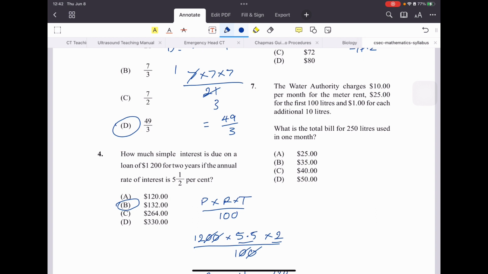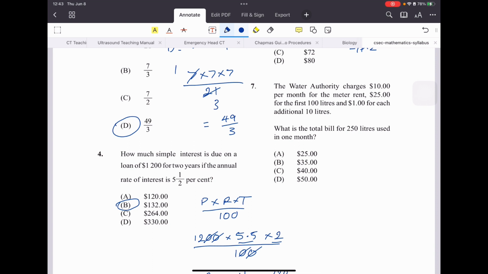The Water Authority charges $10 per month for the meter rent, $25 for the first 100 liters you use, and $1 for each additional 10 liters. What is the total bill for 250 liters used in 1 month? Very simple.